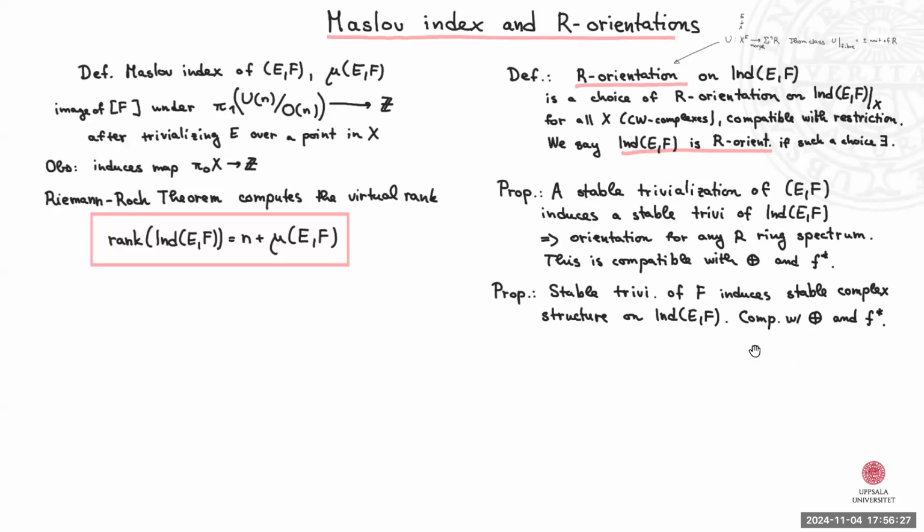So that's somehow a reason, from a homotopy theory point of view, that as soon as you can stably trivialize this fella here, you can stably trivialize this index bundle, and you can get this orientation all the time. It doesn't matter what ring spectrum you choose. Okay.